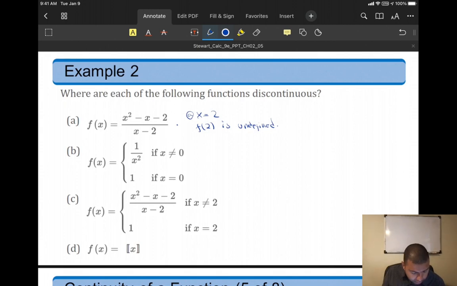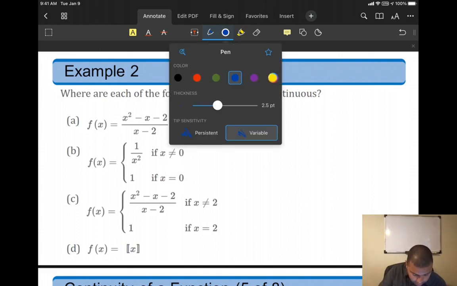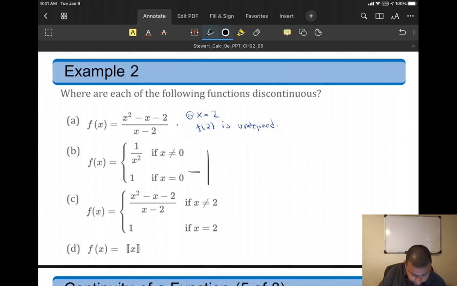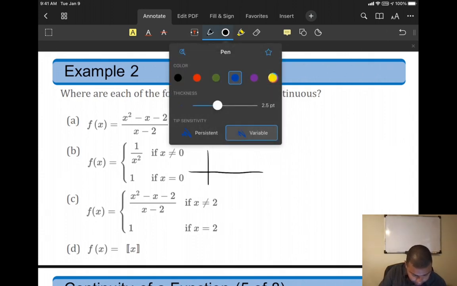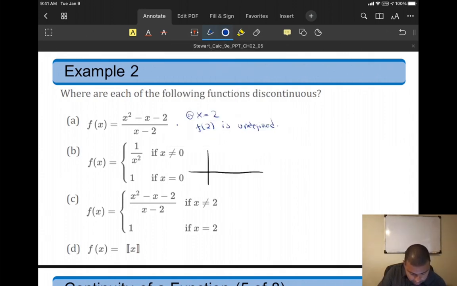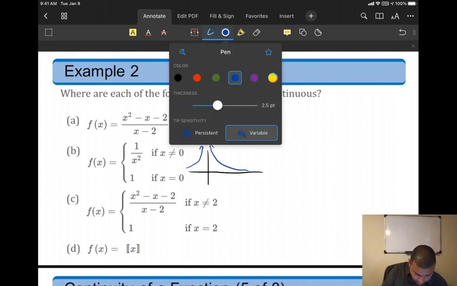Now B, the only place where it could possibly be discontinuous is at x equals 0, right? Because it's where the rule changes. Let me just tell you graphically what that looks like. 1 over x squared, right? Should be something like this. But then I have a hole at 0. Oh, I don't have a hole. This is just undefined at 0. And then I place a 1 over there.